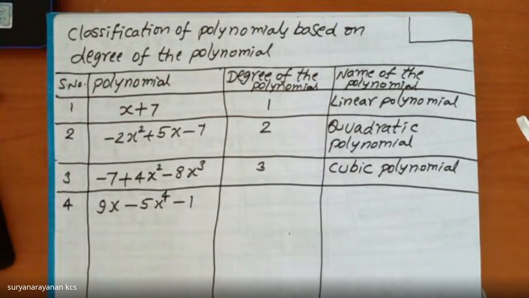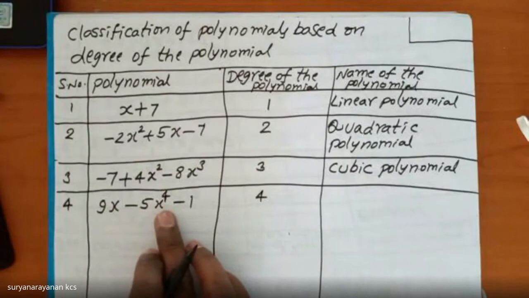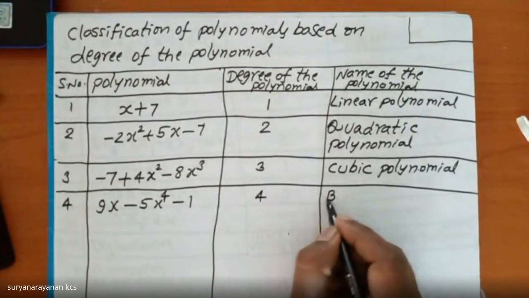What is the degree of this polynomial? So 4. The highest power of x is 4. This polynomial is called biquadratic.